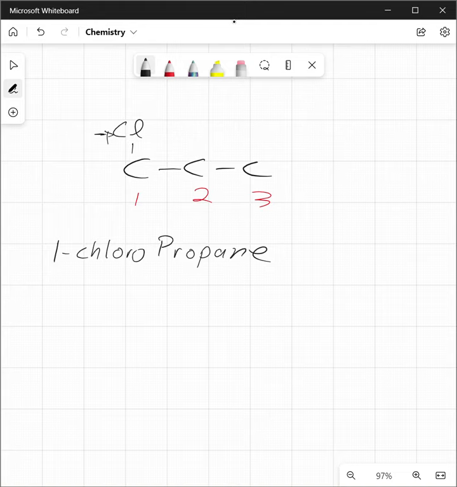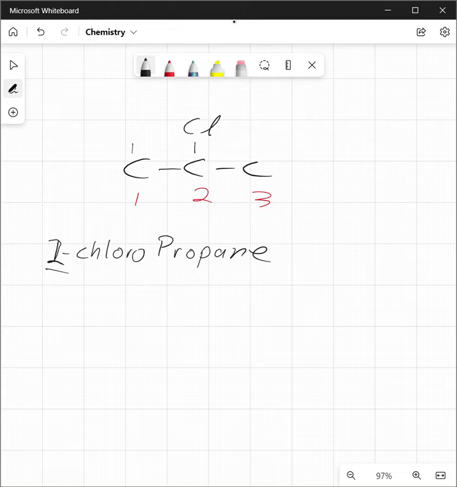Yes, 1 chloropropane. Now I'm going to change this up a little bit for you. What do I have now? 2 chloropropane. You are 100% correct. Nicely done.